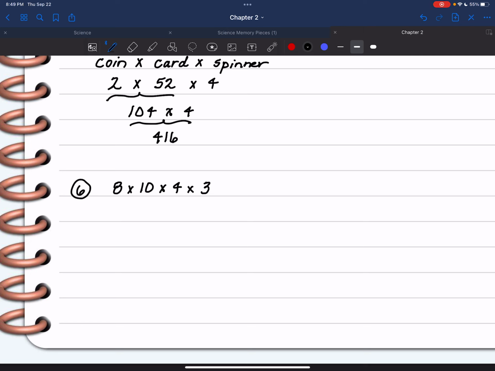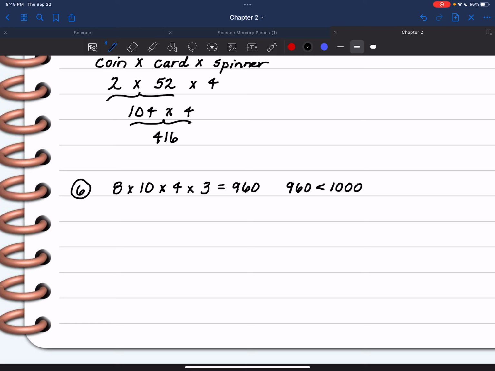Do you want to draw the tree on that one? No. Trust me, you don't. The fundamental counting principle says that I can just multiply that. And I'm going to use my calculator to get 960. 960 is less than 1,000, so that is not the answer.